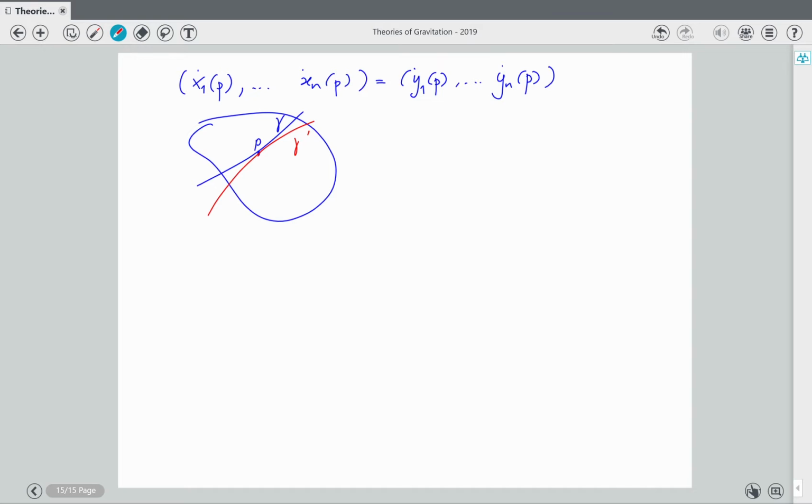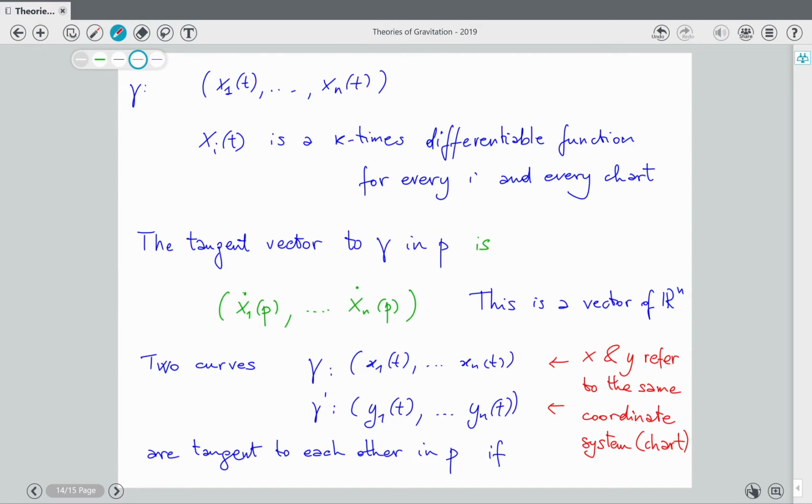Totally different curves, but they may have the same tangent in P. This property does not depend on the coordinates. So we used explicit coordinates to define curves that are tangent to each other, but now we can show, as an interesting exercise if you want, that this property of being tangent to each other is not dependent on the coordinates.